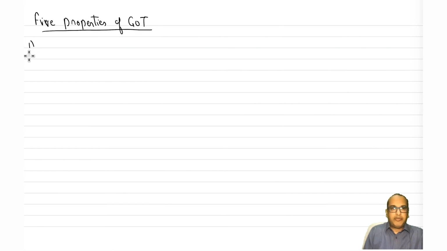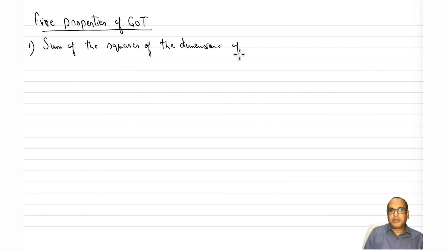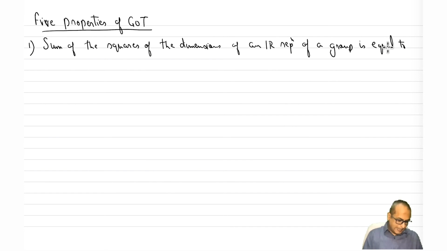Okay, so the first property is the sum of the squares of the dimensions of an IR representation of a point group is equal to the order of the group. Order of the group is h.